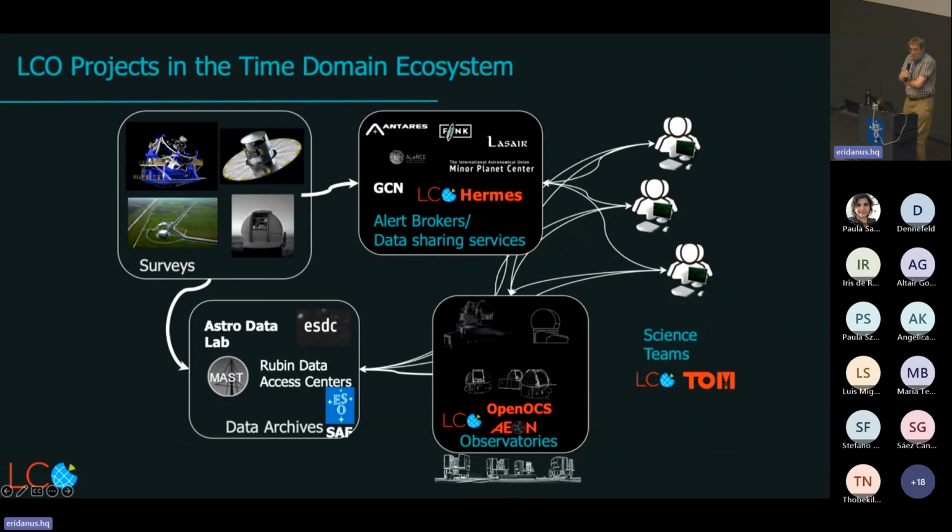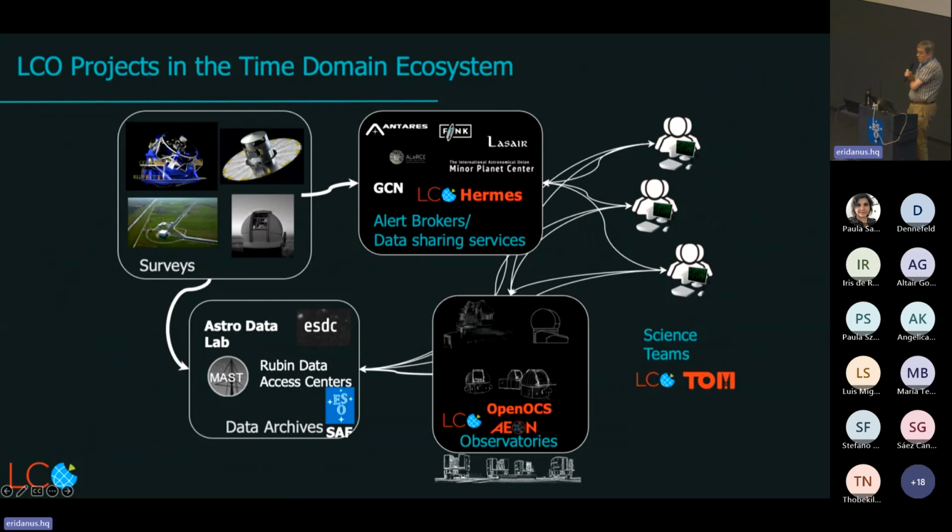that's coming. All of these surveys produce both long-term data releases, which go to data archives, but they also produce alerts that go through various alert brokers and data sharing services. And the number of these alerts is going to be increasing considerably over the coming years.